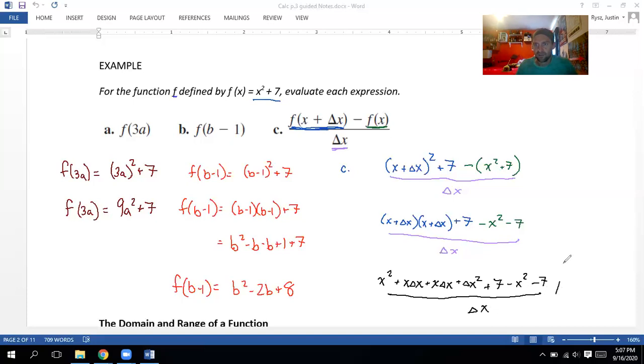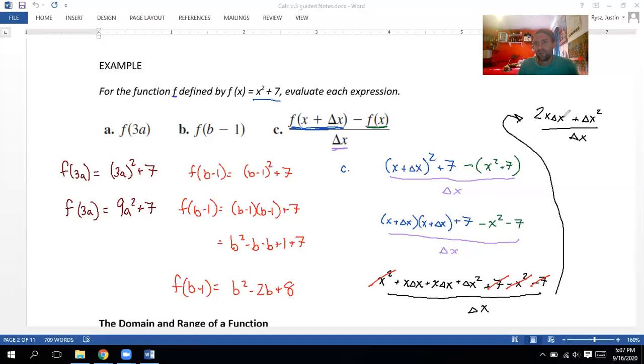All right, I'm running out of room, but I'm gonna pull this stuff over here and start simplifying. So let's look at what happens. We know that this x squared and that minus x squared are gonna cancel out, and this 7 and that minus 7 will cancel each other out, and we'll be left with 2 x delta x's and a delta x squared, all over delta x.